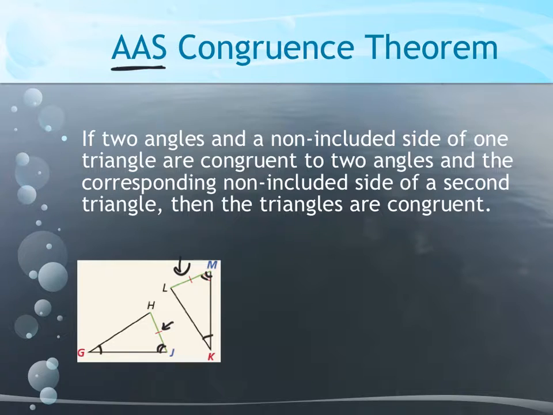In this diagram, I could say that triangle GHJ is congruent to triangle KLM, and my reason is angle, angle, side. So that's it. There are five, okay? It's because with these specific requirements, you can only make one triangle. You can't invent other ones.